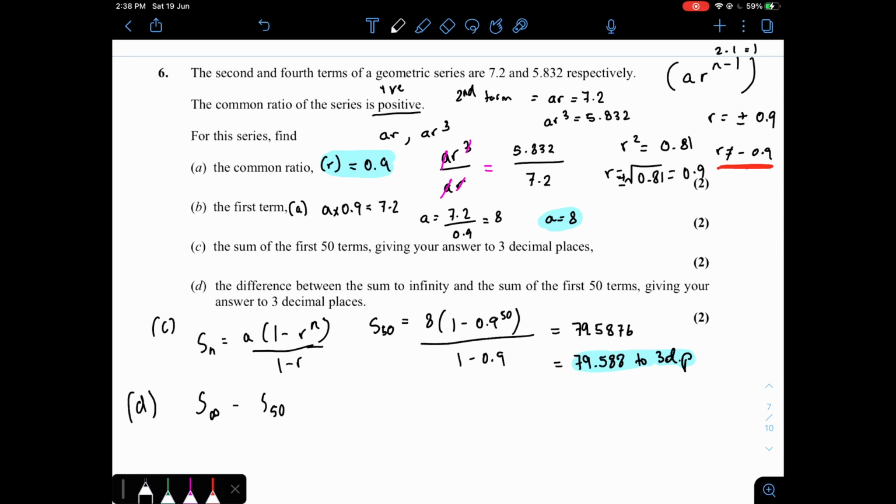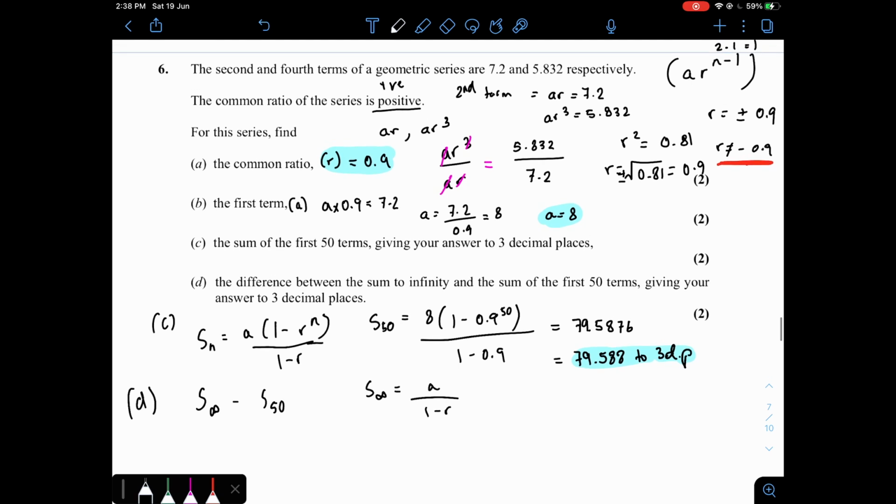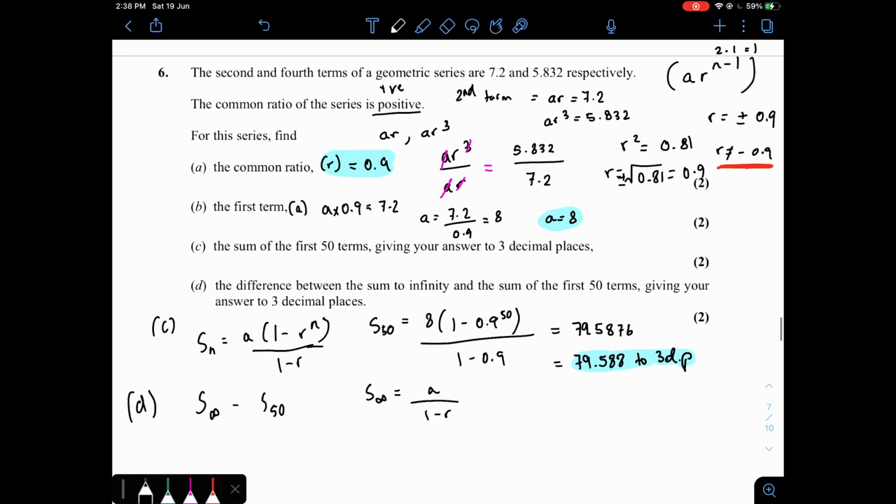The sum to infinity is usually A over 1 minus R, right? That is the general formula. So we can substitute: 8 over 1 minus 0.9, and that is 80. 8 over 0.1 is 8 divided by 0.1, so 80.